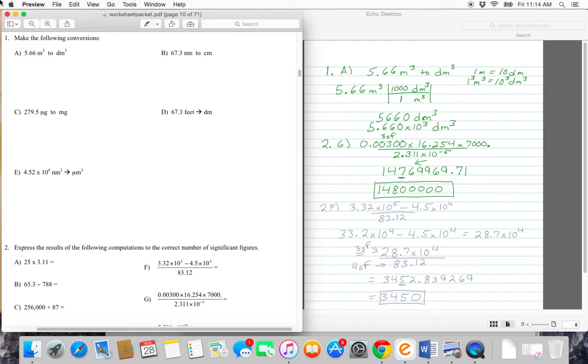All right. Let's look at one more problem that involves multiplication, division, and either addition or subtraction.